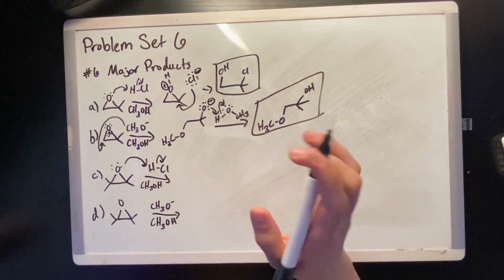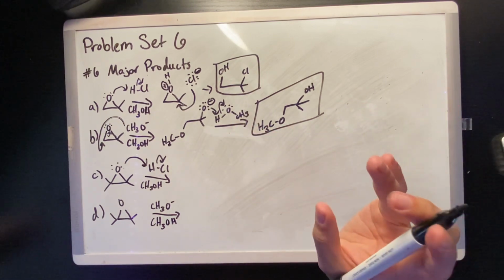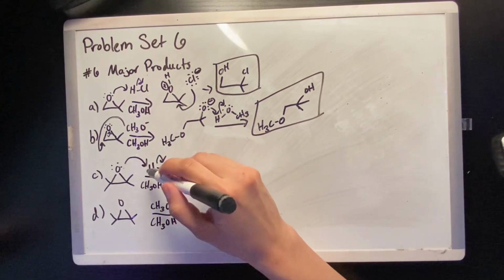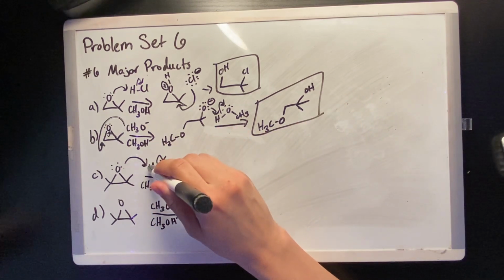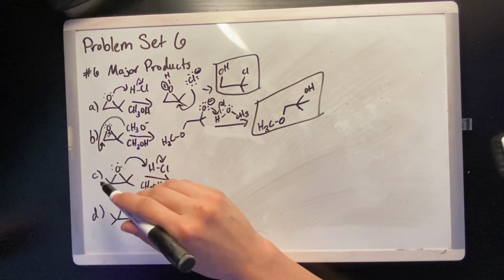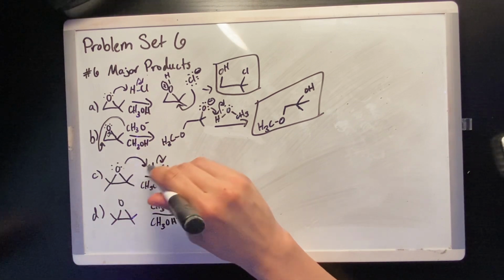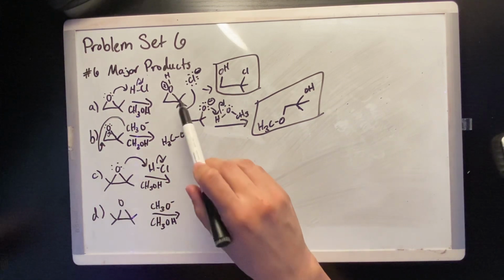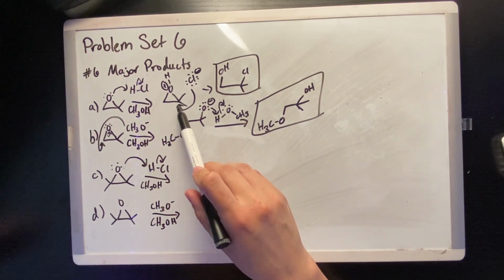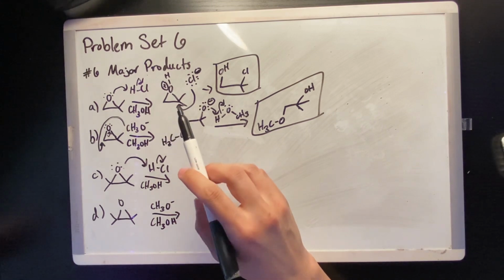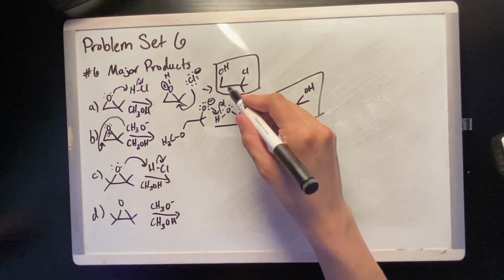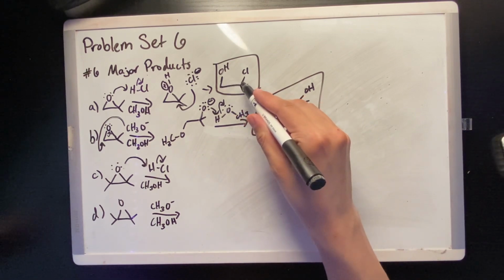We don't have to go through all of the mechanisms on this, because what's going to happen is this hydrogen is going to attach to the oxygen, give us an OH group, and then this chlorine is going to come through again on this side, just like we saw over here. And we're going to end up with the same product as here.